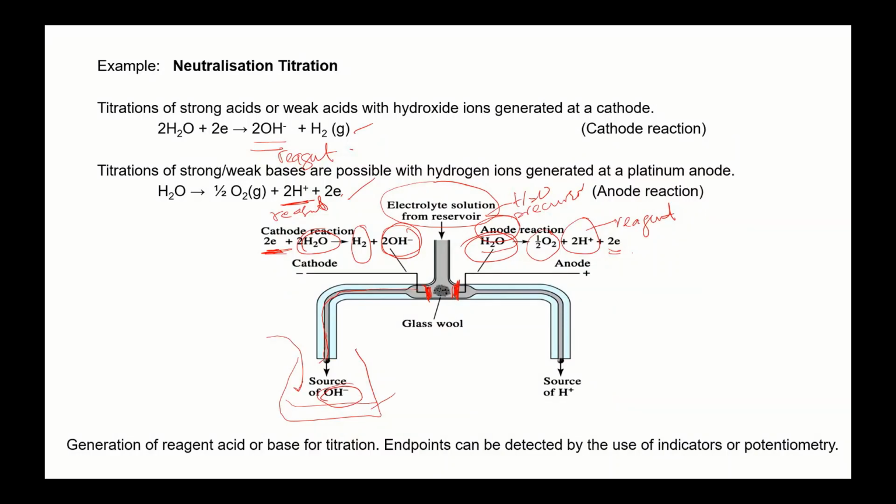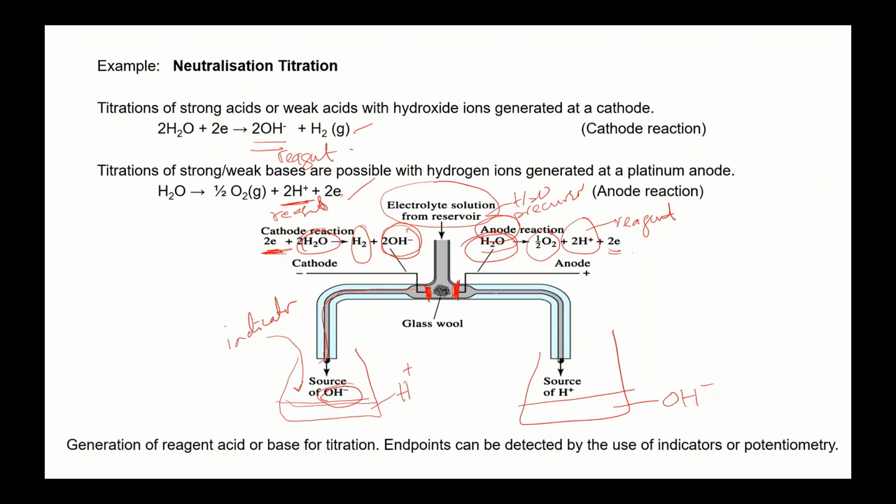So your test solution contains H plus. Okay, when you look at the change of color, you have determined the endpoint. This is the color indicator, or you can also use a potentiometric method to check the endpoint. So here you can check the presence or the alkalinity of the solution by acid-base titration.